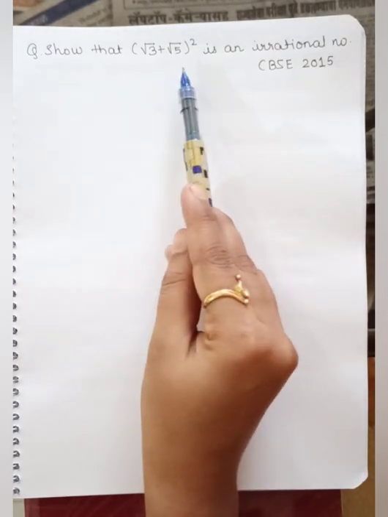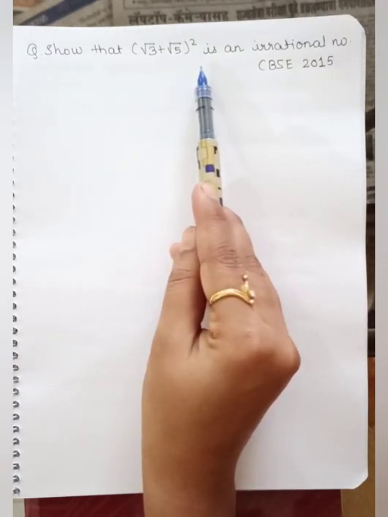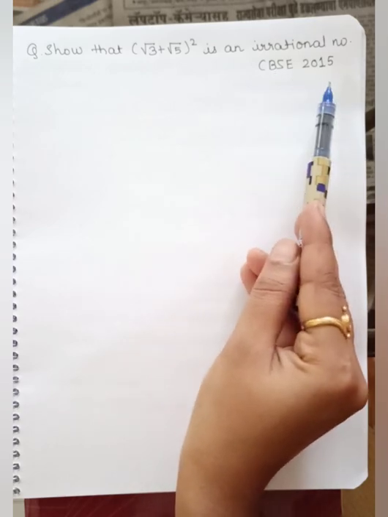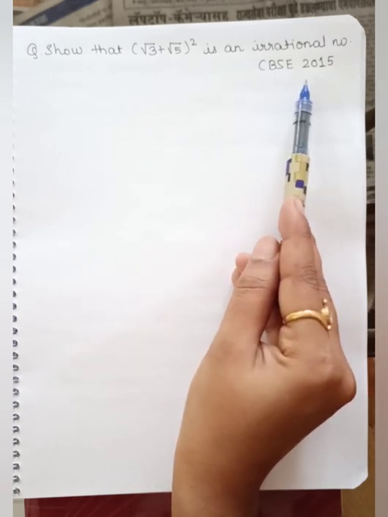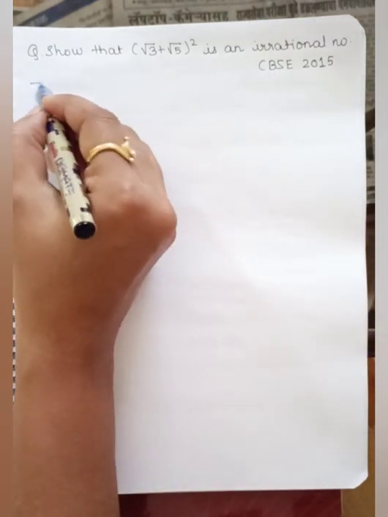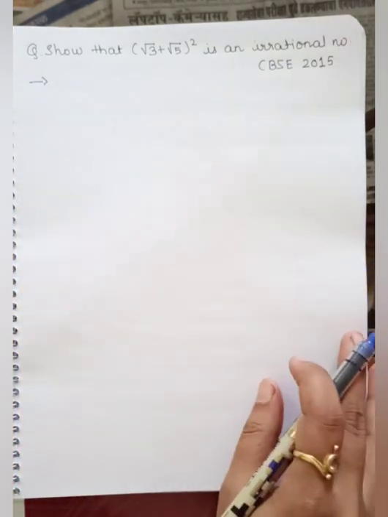Now let us take one more question of a similar type, wherein we have to prove the given number to be irrational. The question says, show that root 3 plus root 5 bracket square is an irrational number. The question was asked in the 2015 CBSE exam. For this also we are going to prove it by the method of contradiction.